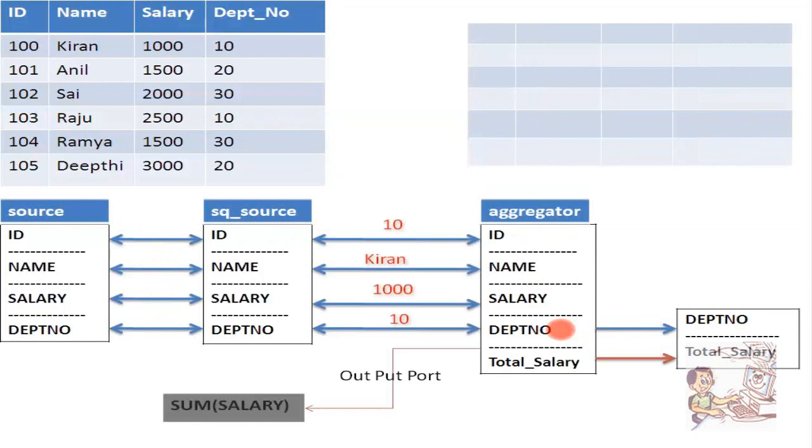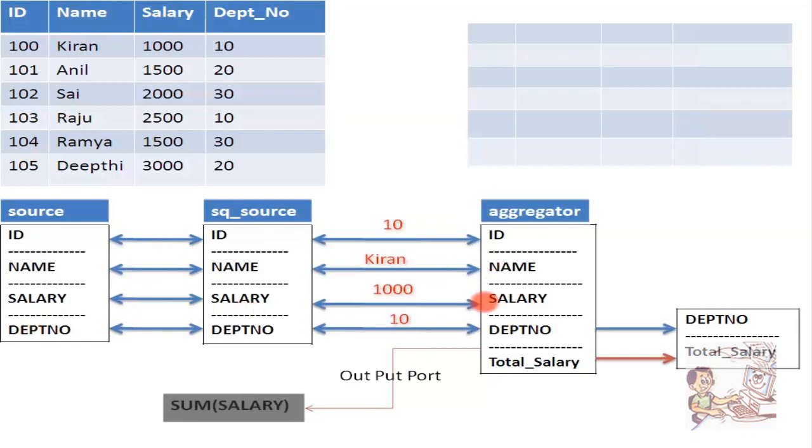Will this record go to the target table? No, right? We have to take all the source records first. Then only can we say, for DEPT equal to 10, how much salary we are paying. For 10, 1000 and again 2500, total 3500 rupees we are paying for DEPT number 10, so total salary equals 3500. But Informatica will always process data row by row, right?